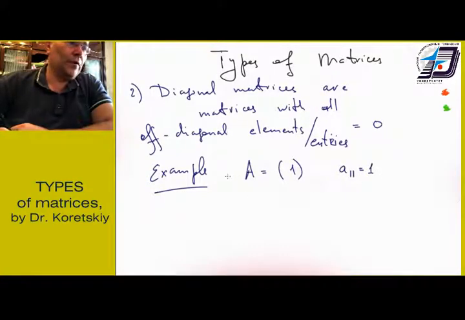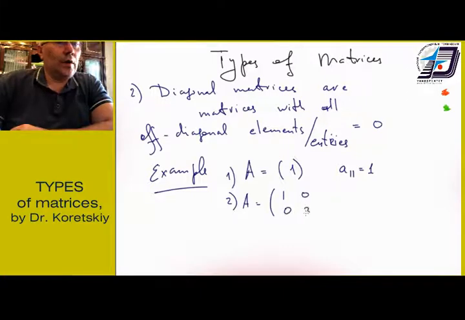Matrix A equal, for example, 1, 0, 0, 3 is a diagonal matrix because a11 equal 1, a22 equal 3, and all other elements are zeros. Here we have 0 and 0.